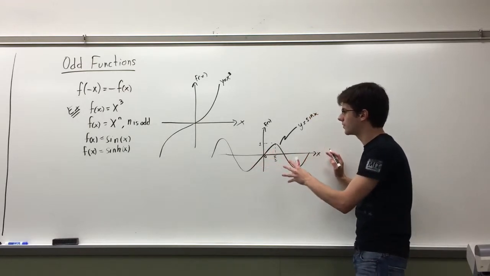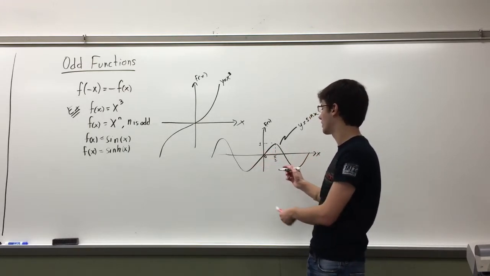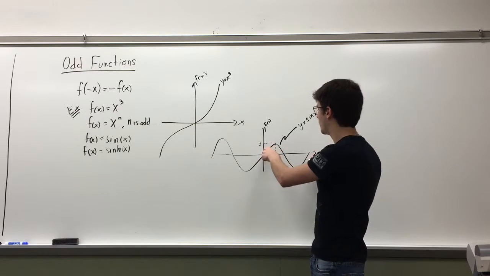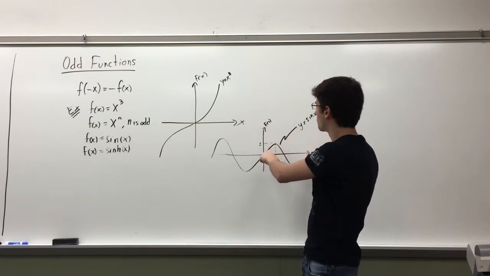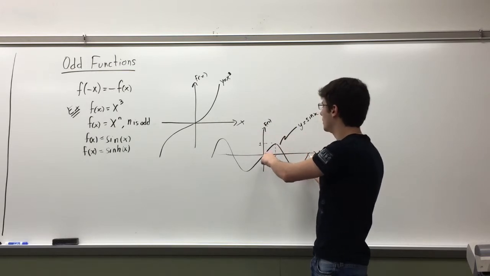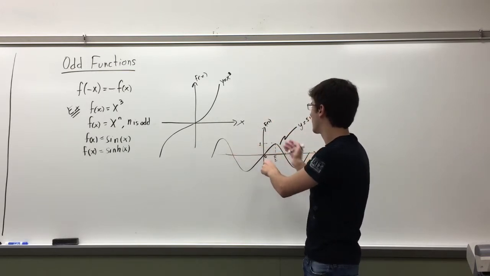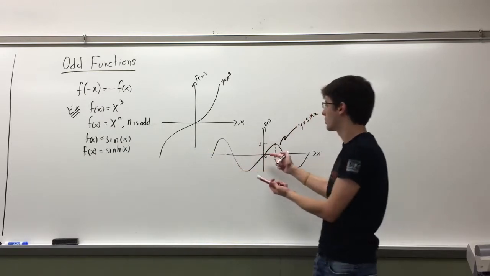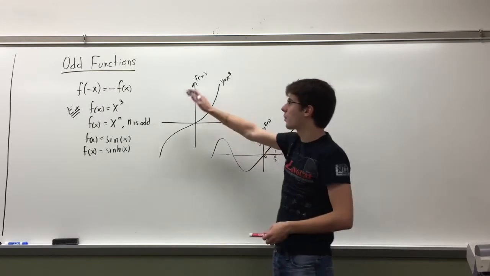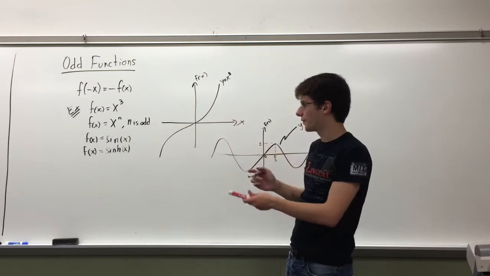And you can kind of see this graph right here. So if we think about it the same way, if we stick a pin here at the origin and you rotate it 180 degrees, you can see that it's going to be in the same position as this other part. So it's symmetric about the origin. So this is the property that odd functions have.